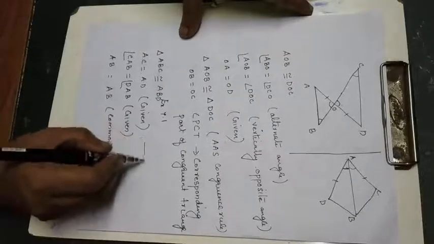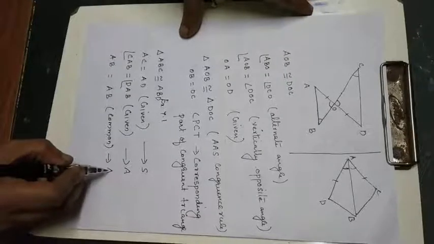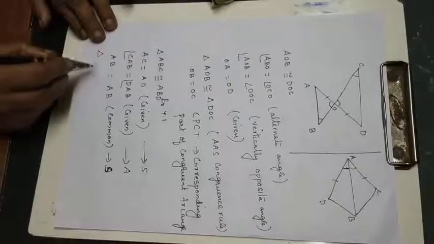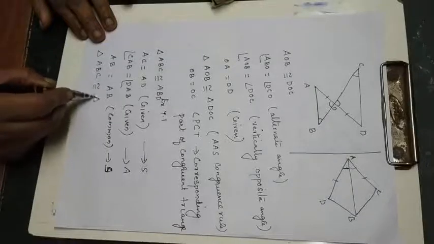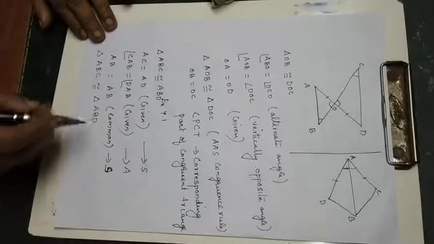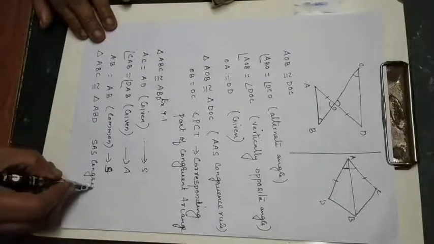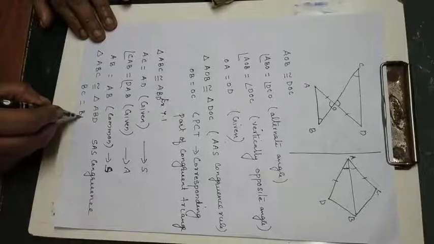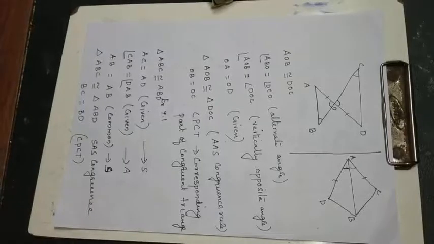Now look at here, this is one side, this one is angle, and this is another side. So by SAS, triangle ABC is congruent to triangle ABD by SAS congruence rule. Now BC will be equal to BD, CPCT, that is corresponding part of congruent triangle.